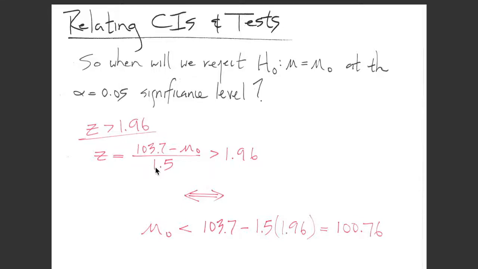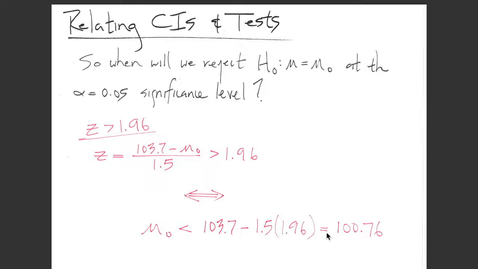And we're going to reject if this z test statistic is greater than 1.96. Well, you can just solve this little inequality for mu0, and you find that that test statistic is going to be bigger than 1.96 when mu0 is less than 100.76.